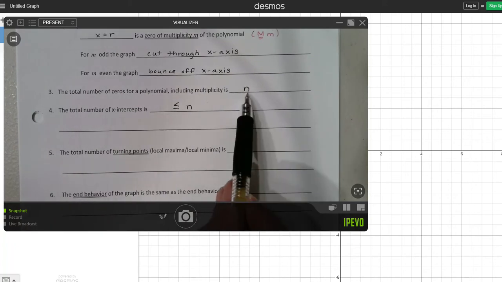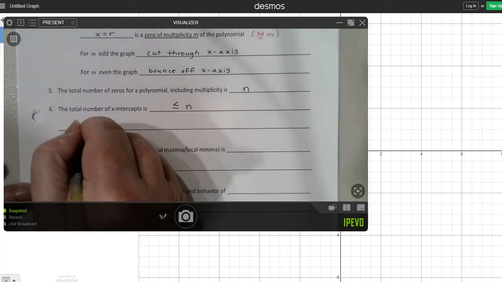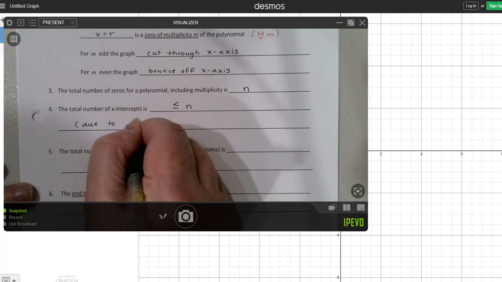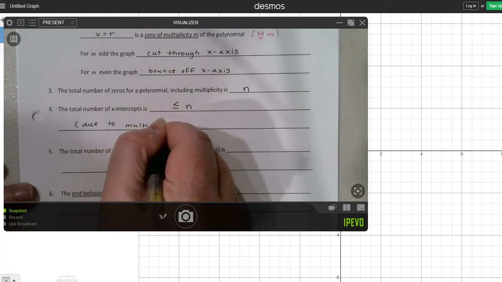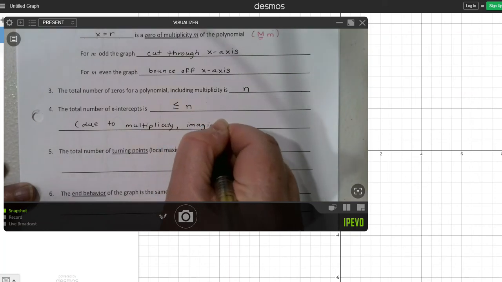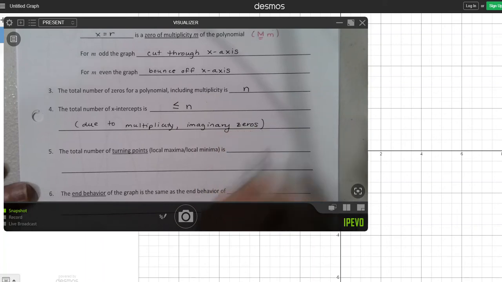If these are all real, unique zeros, then we will have n x-intercepts. But if there's some repetitive zeros, or if there's some imaginary zeros, they will not lead to more x-intercepts. So the fact that it's less than or equal to n is due to things like multiplicity or imaginary zeros, things that cut the total number of x-intercepts down.